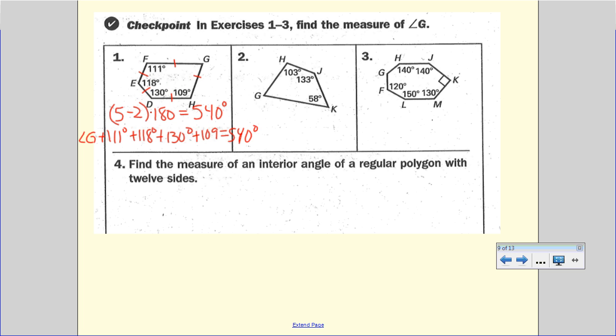When I add those up and subtract, we get angle G is equal to 72 degrees. So I want you guys to use your chart and find angle G for numbers 2 and 3.